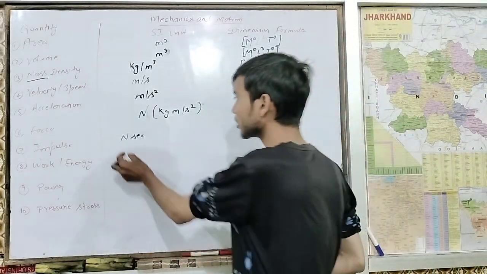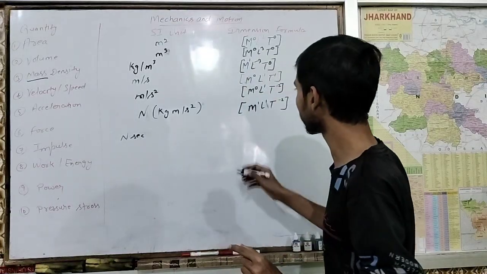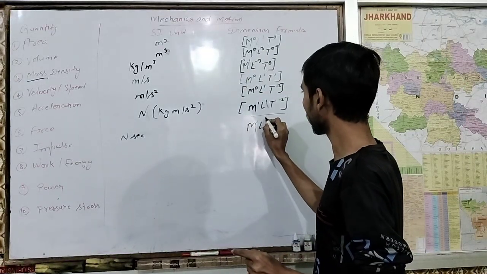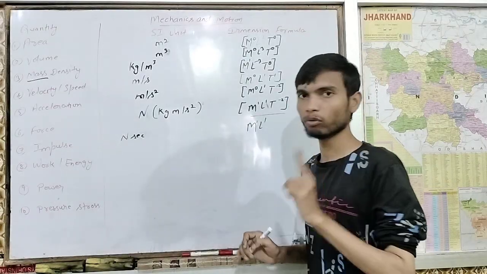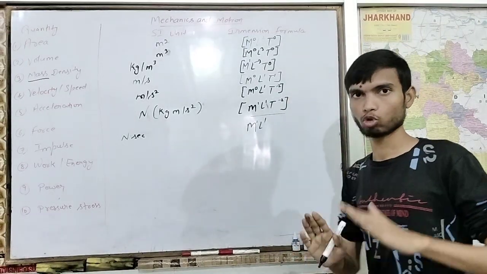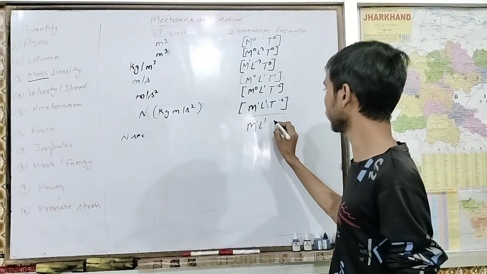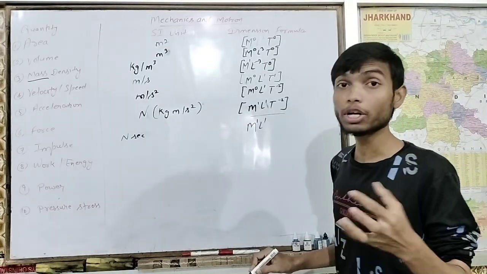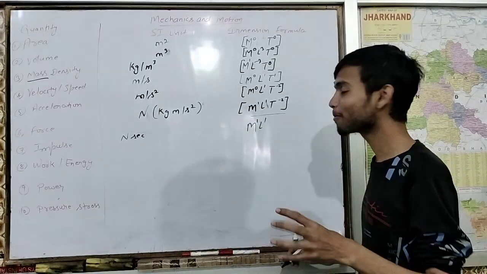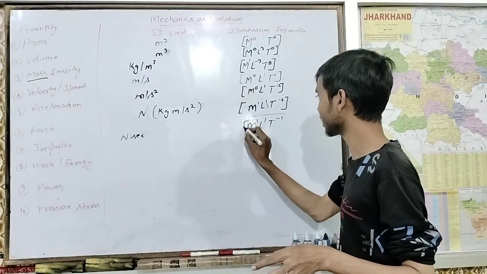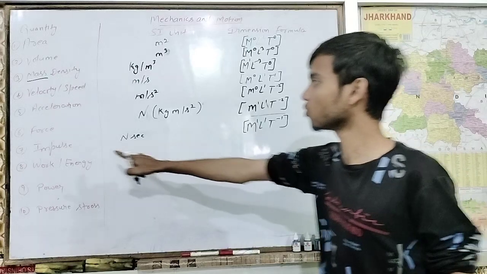We know that the dimensional formula for Newton is just M1 L1, and here already we have T minus 2. With the second, 1 minus 2 will give you minus 1. I applied exponent rules. T minus 1. It is the dimensional formula for impulse.